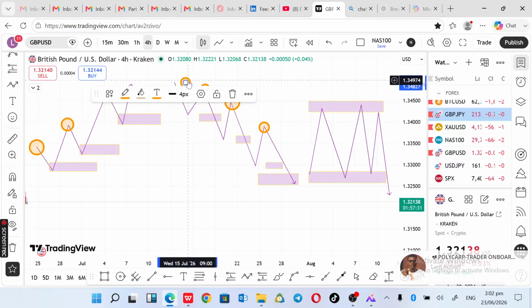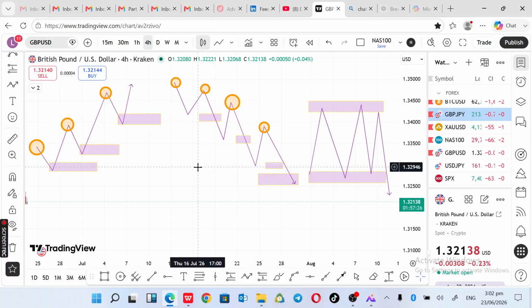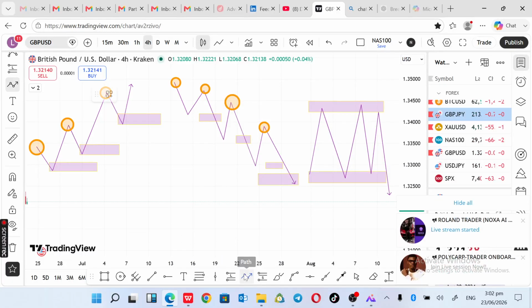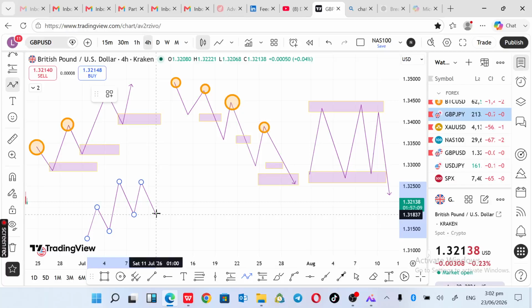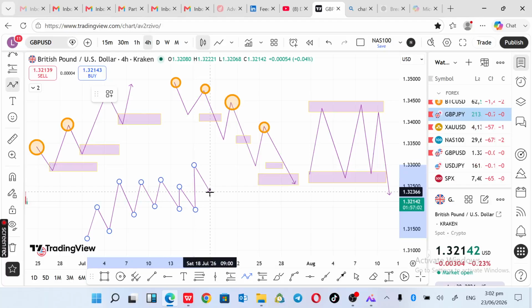And one thing about the market is that the market ranges a lot. Even when the market is in an uptrend or a downtrend, inside that trend the market will still range and then continue in that trend. This is what I mean. You might see the market pushing up, then it will play a bit, range a bit, then continue pushing up.